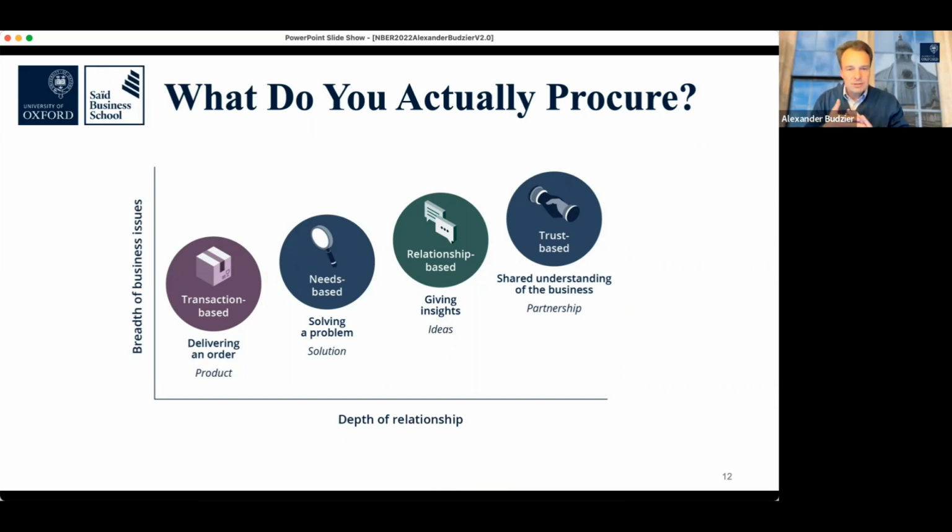And I found this kind of categorization and thinking quite helpful: are we at the low end of the scale where we're procuring something that's relatively low risk, a product? I like that example of traffic cones, right? Let's procure a bunch of traffic cones. There's a product, we're placing an order, somebody will deliver that order, it's relatively little uncertainty.